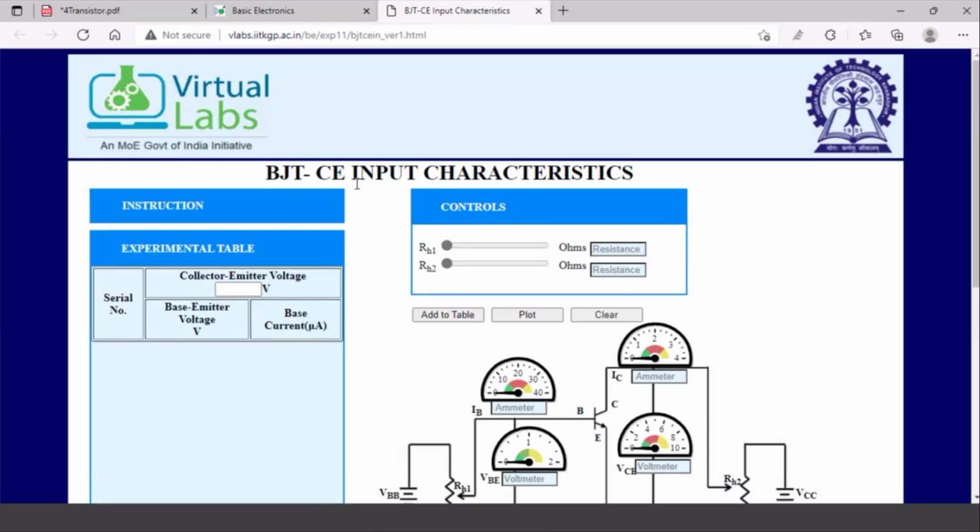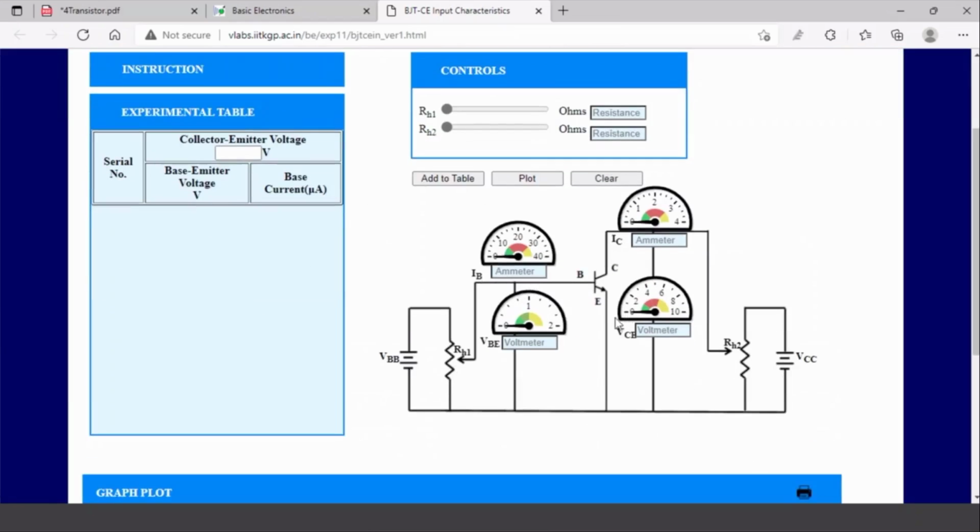Remember, the input characteristics is IB with respect to VBE. That means the base current with respect to base to emitter voltage for a given value of VCE. So we have to keep the value of VCE fixed and then vary the base to emitter voltage here and plot IB variation with respect to that.